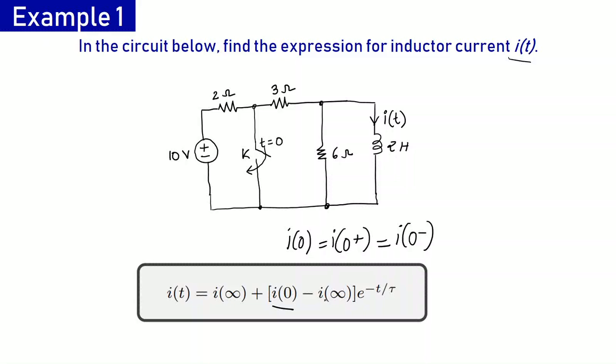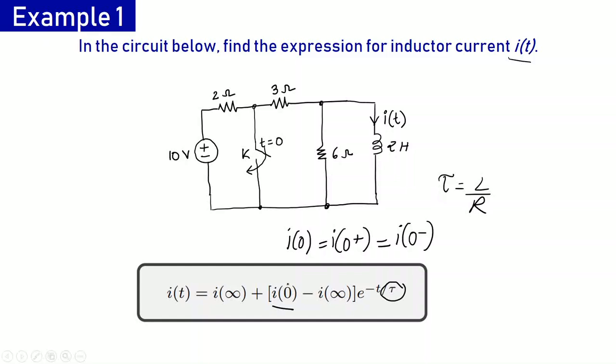Of course, I infinity is the steady state current a long time after the switching action has been performed. Tau is the time constant, which we know is to be calculated as the ratio of L and R. So let us calculate these quantities in a step-by-step manner.